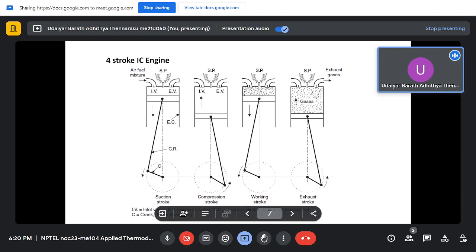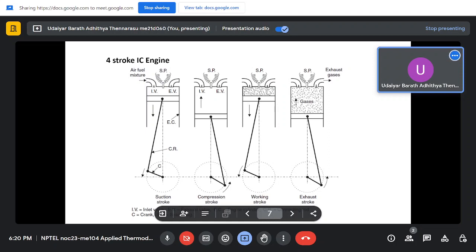After the combustion, the fuel will be combusted, and then it will start expanding. It will push the piston down. That is the power stroke, which will generate power.